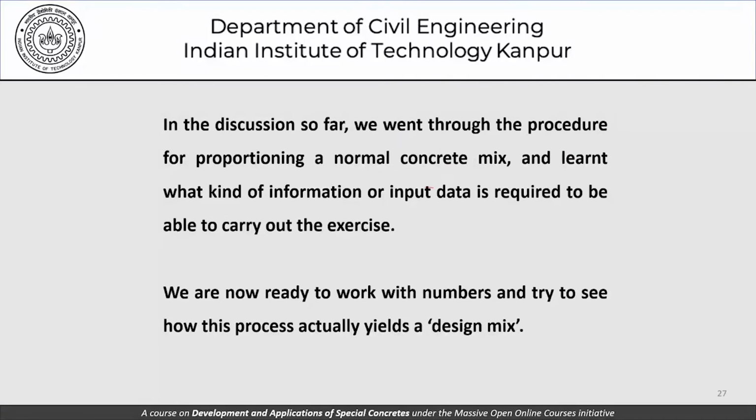So now so far we went through the procedure for proportioning a normal concrete mix and learned what kind of information or input data is required to be able to carry out that exercise. And now we are ready to work with numbers and see how this process actually yields a design mix.